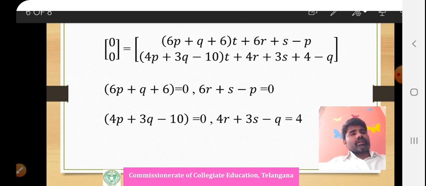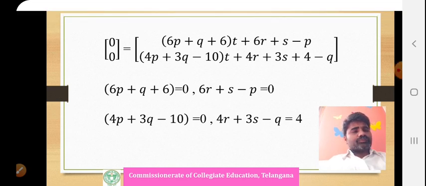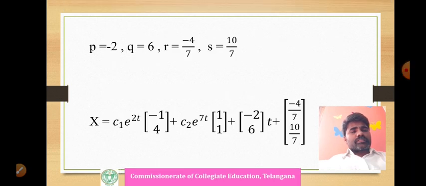P is minus 2 here, so this will become 6r plus s equals minus 2, and q is 6, so it will become 4r plus 3s equals 10. Now by solving these two equations for r and s, we will get r equals minus 4 by 7, s equals 10 by 7.